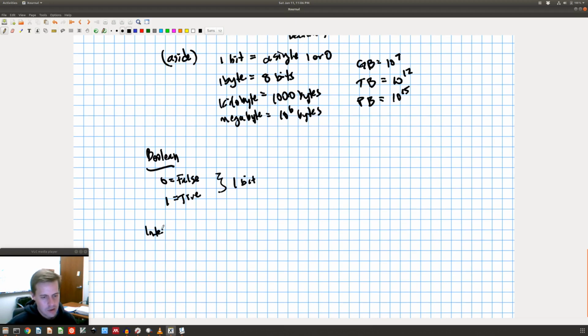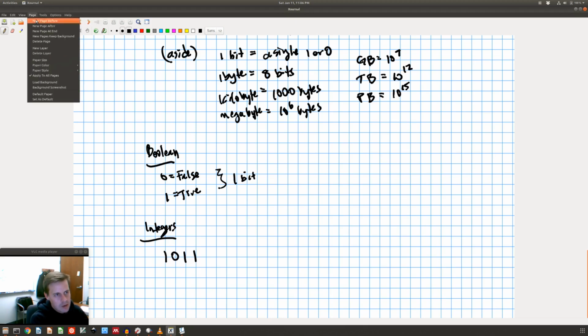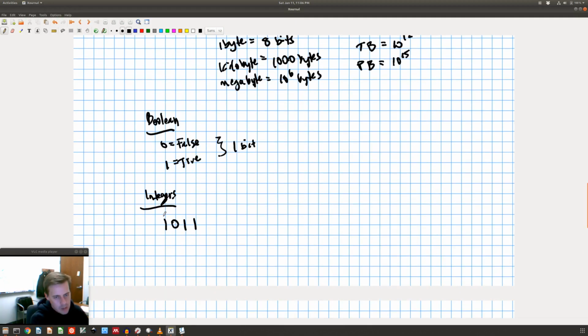Integers are next. You can store them as binary numbers. For example, I can write the binary number 1011. If you remember binary, hopefully you learned this in a math class somewhere along the way. This is the 2 to the 0 place, this is the 2 to the 1 place, this is the 2 to the 2 place, and this is the 2 to the 3 place.